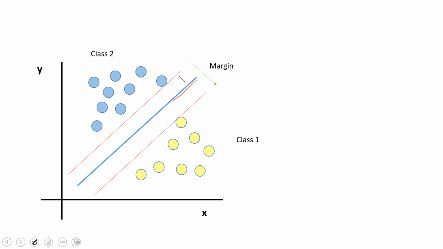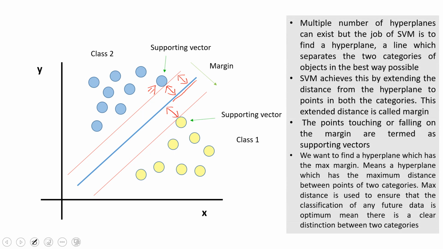This is always drawn on the basis of the feature point which is nearest to the hyperplane. Similarly, we have a margin drawn on this side. These feature points are known as support vectors.